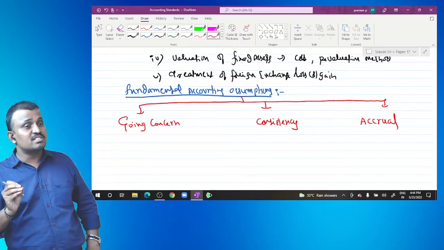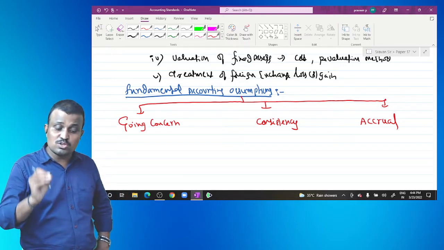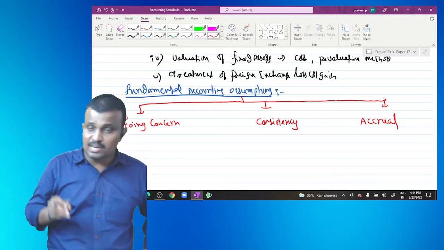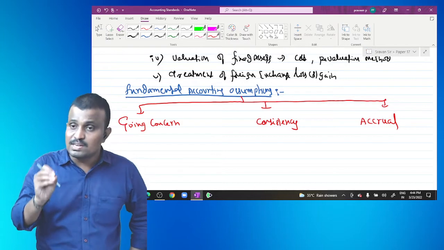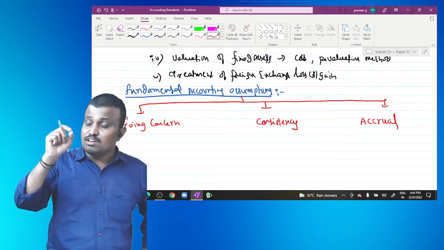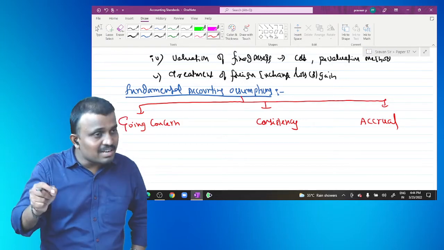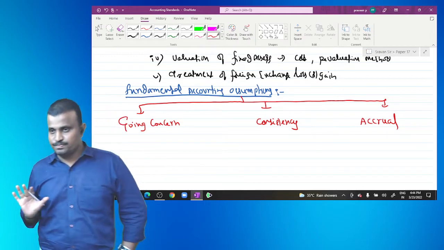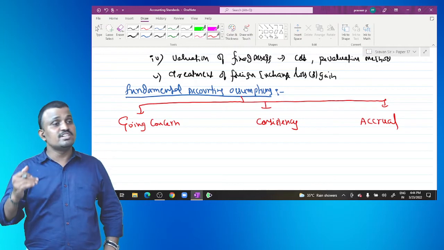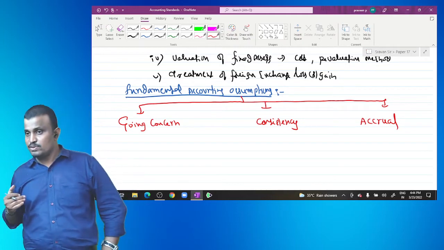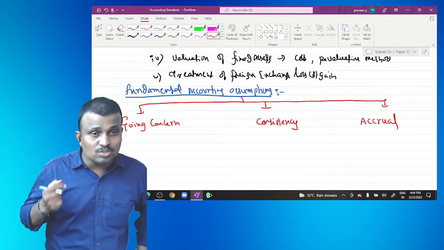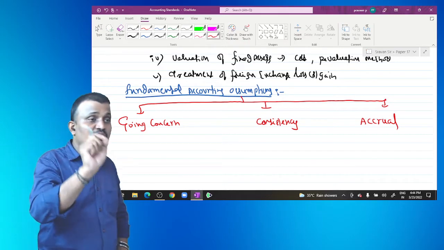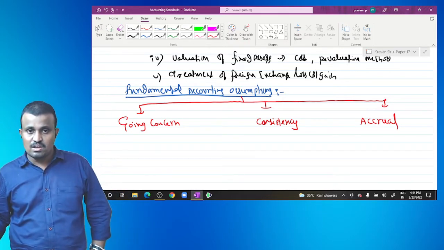If the financial statements are prepared based on the going concern concept, what is the meaning? The management has no intention to close the business in the nearby future, and no intention to close or sell a major part of the plant of the respective business.